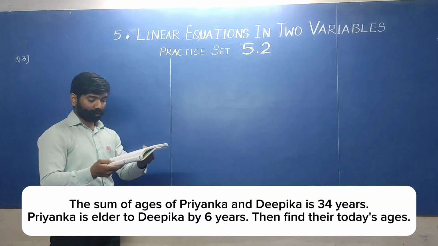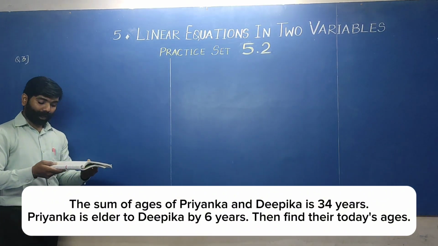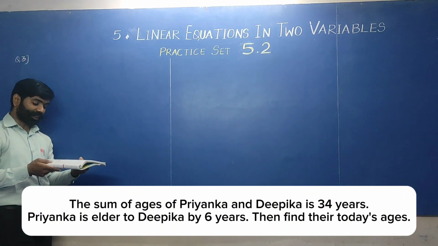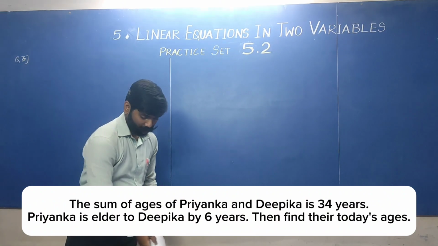The sum of ages of Priyanka and Deepika is 34 years. Priyanka is elder to Deepika by 6 years. Then find their today's age.